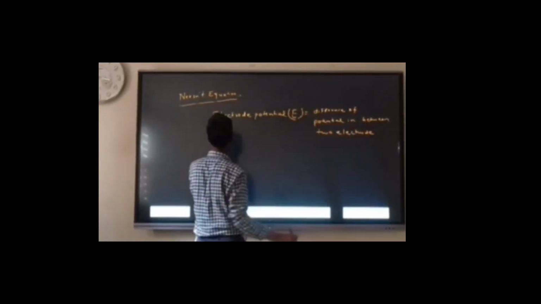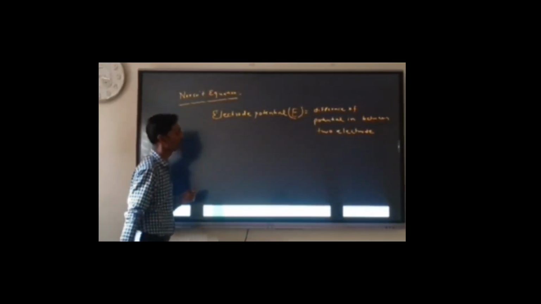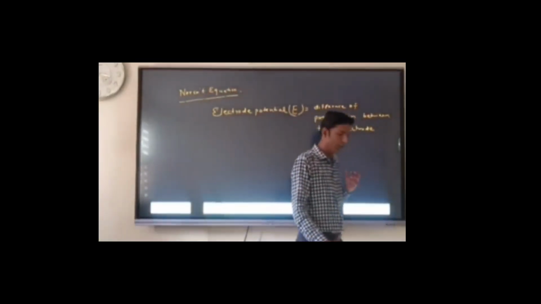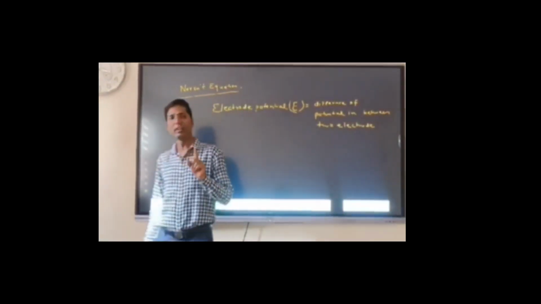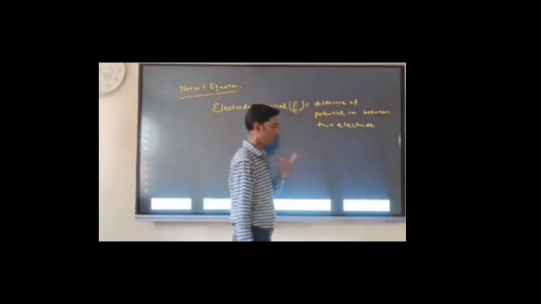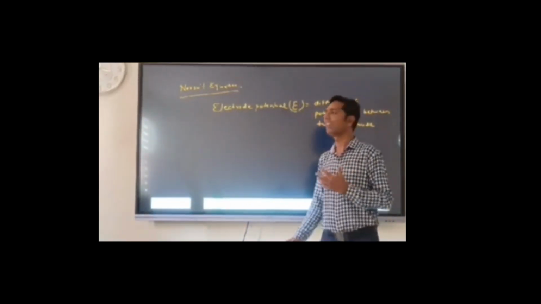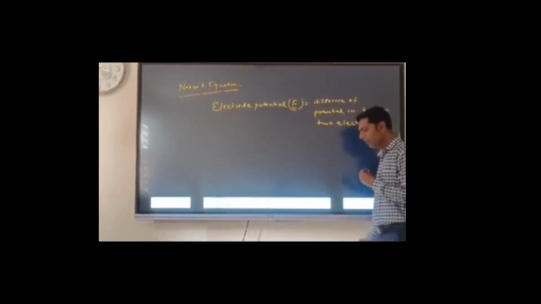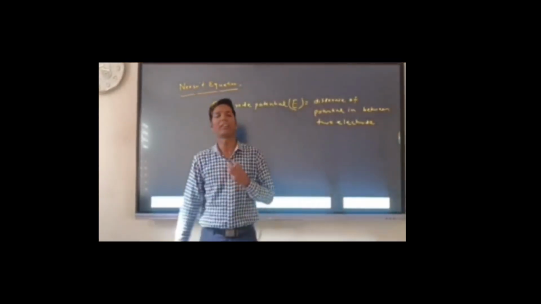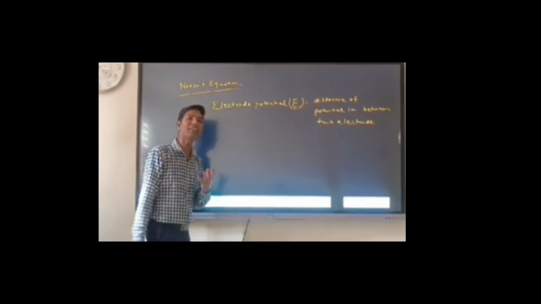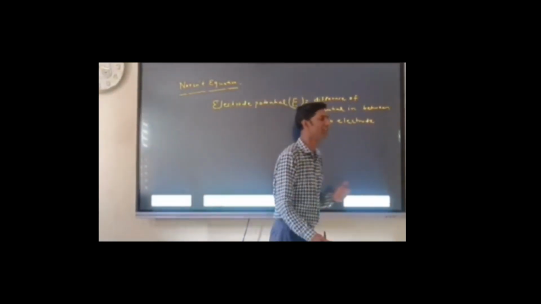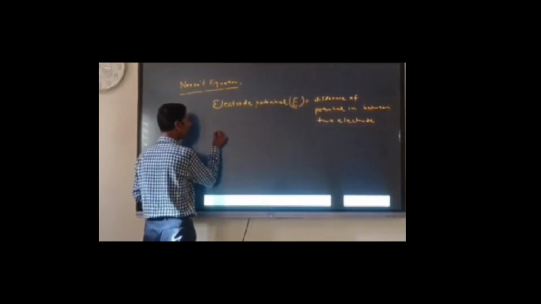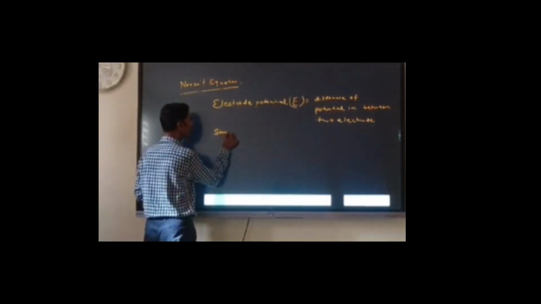In the Nernst equation, we are going to discuss how we calculate electrode potential in two situations. One is called the standard conditions, and the other is called the non-standard conditions. It is very easy, dear students, to calculate electrode potential in standard conditions.